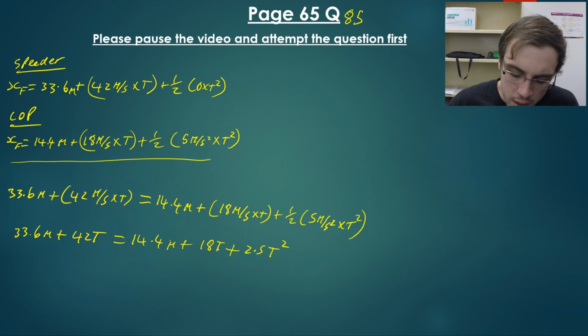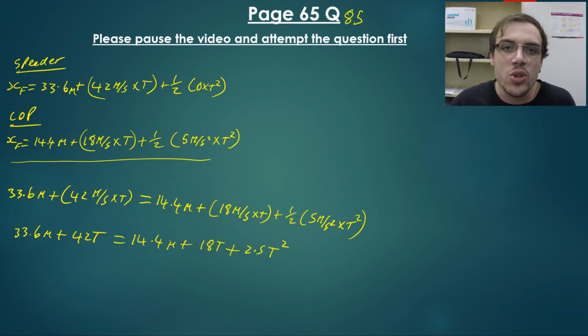Now, very interesting, because what I can see here is we have a known value, we have our unknown, and we've got our unknown squared. So that points me to use a quadratic formula. When using a quadratic formula, we want to rearrange everything so that it's equal to 0. So we want to move everything to the right.